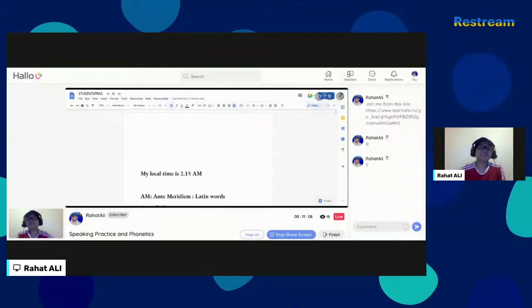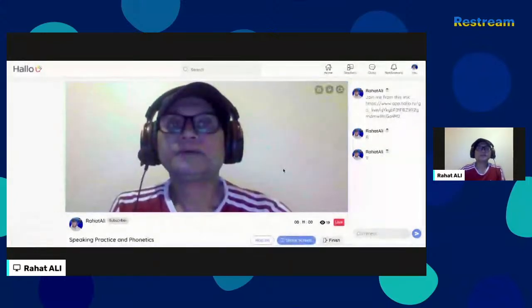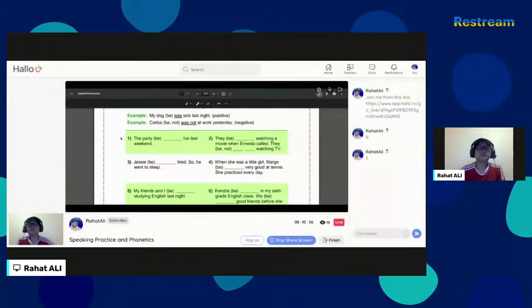Let's practice a little bit of grammar. So we have to fill up the blanks with the corresponding past tense. So your work would be to make it a negative sentence and interrogative.